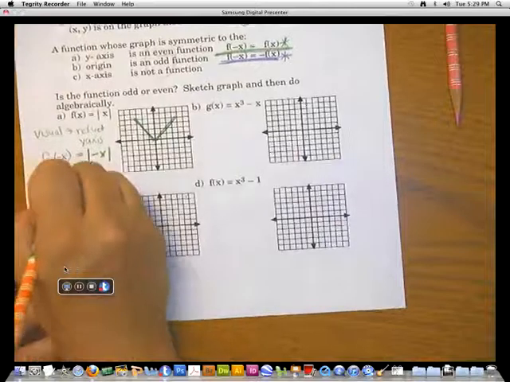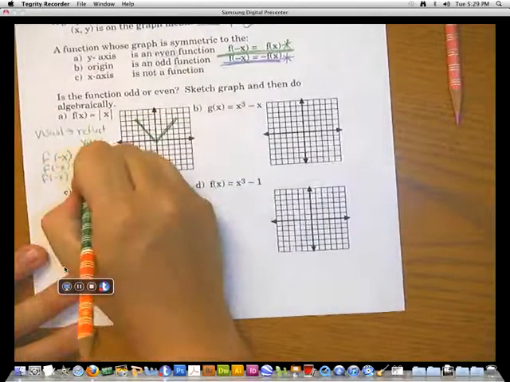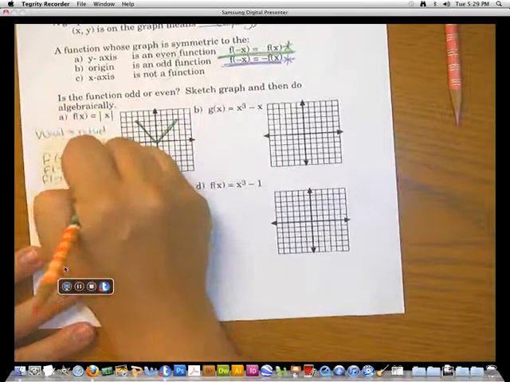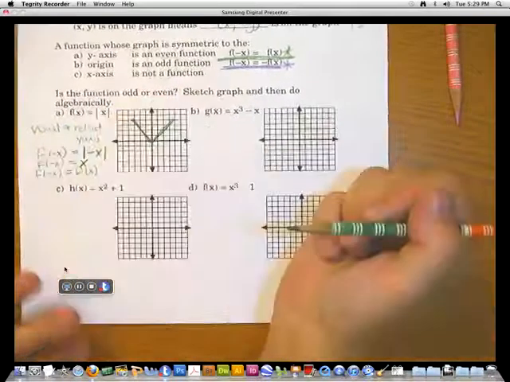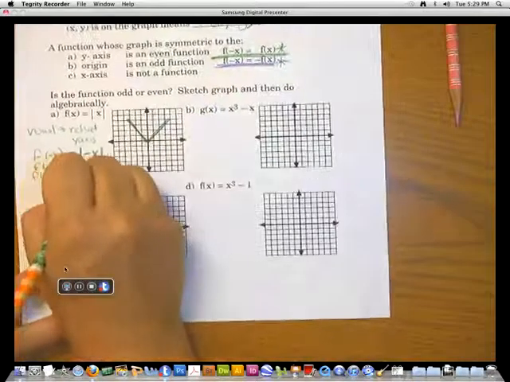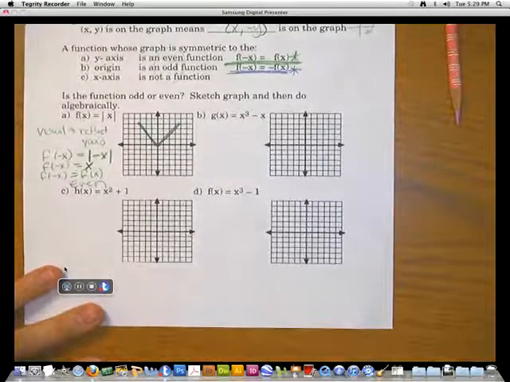Therefore, f of negative x, because I haven't changed anything over here, is the same as the original f of x. I've proven algebraically that it is even. F of negative x is f of x.